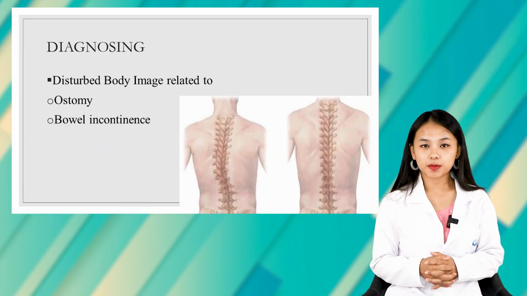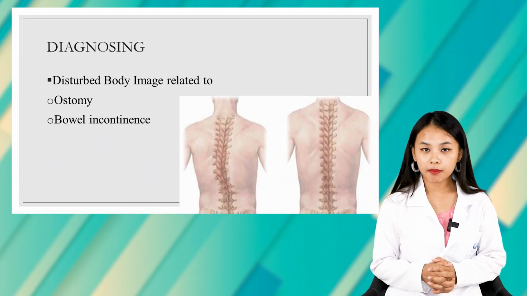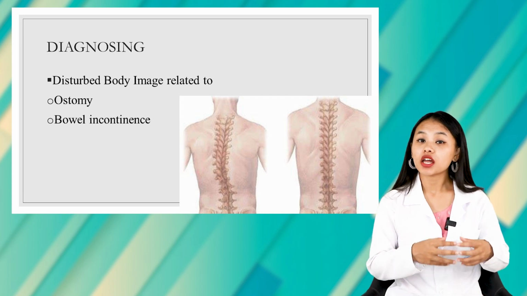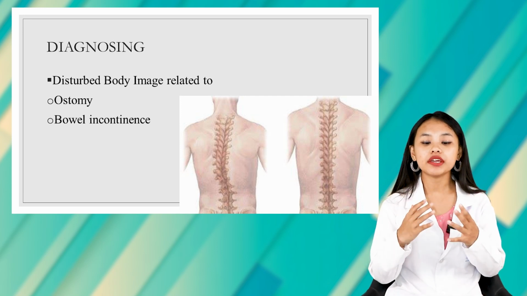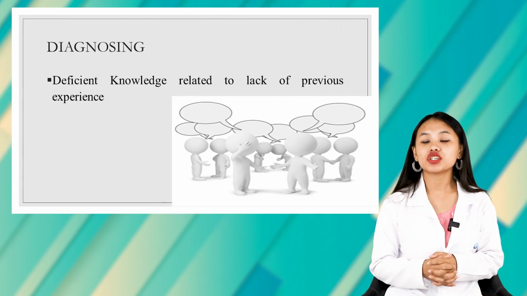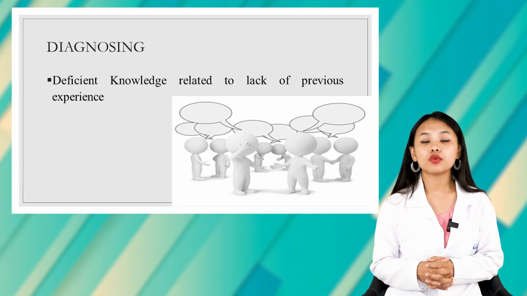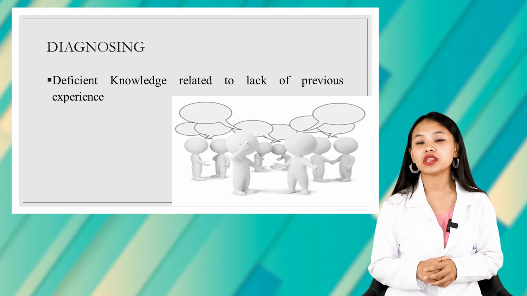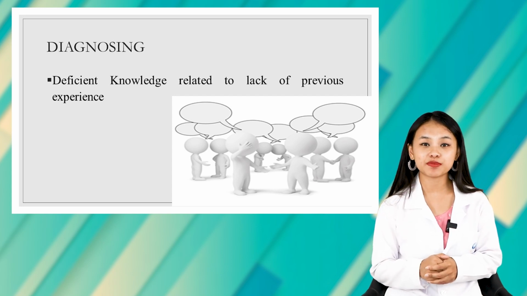The fourth can be disturbed body image related to the presence of ostomy or even to the presence of bowel incontinence. Deficit knowledge can also be one of the problems, related to lack of previous experience.